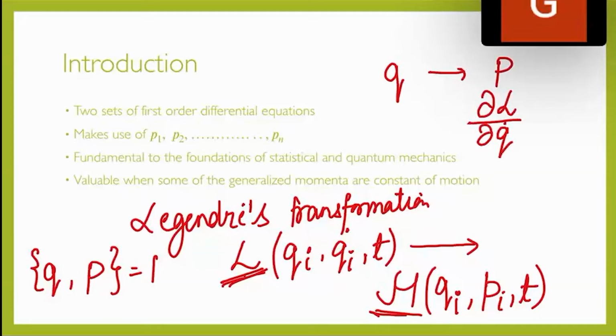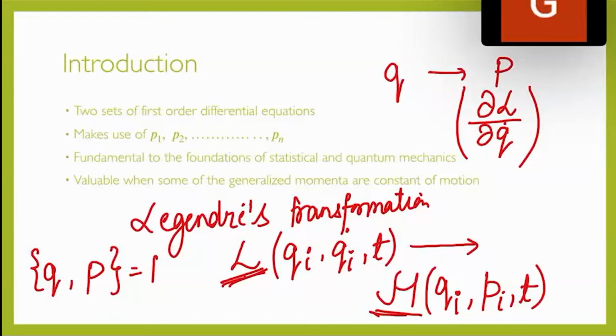We all know that momentum is given by del L by del Q dot. This is all mathematical, but all you need to keep in mind is this: if the Poisson bracket of the two variables is 1, they are conjugate to each other.